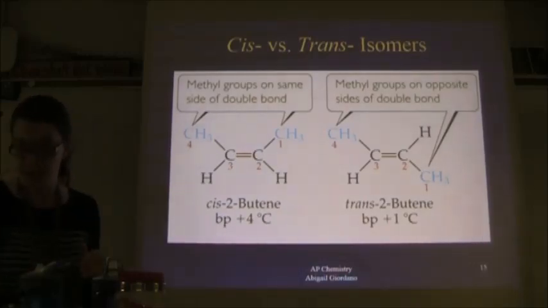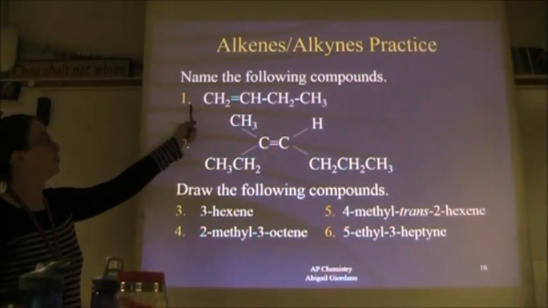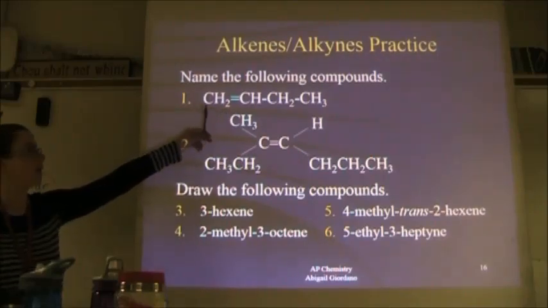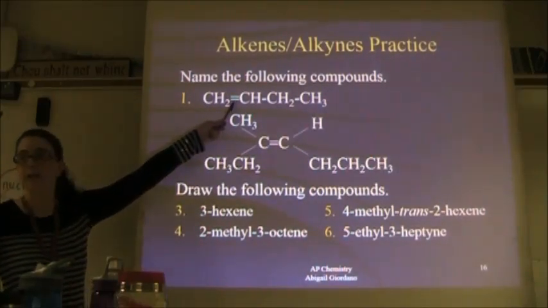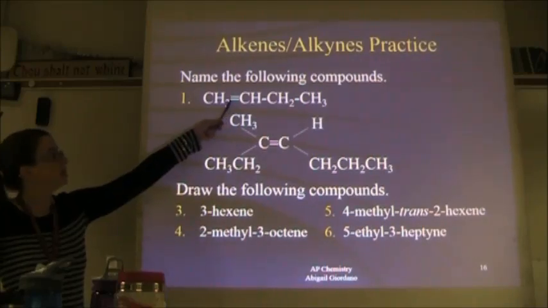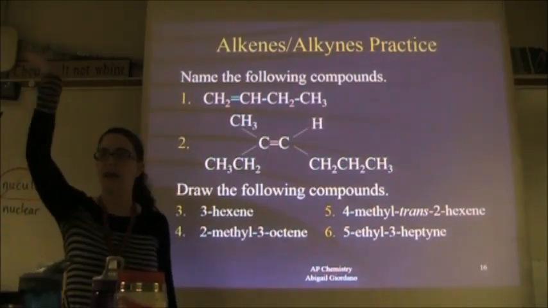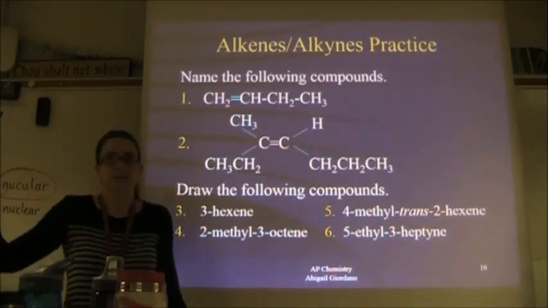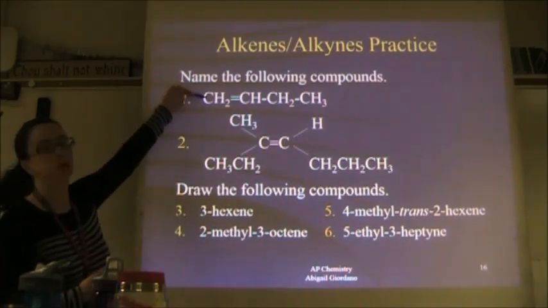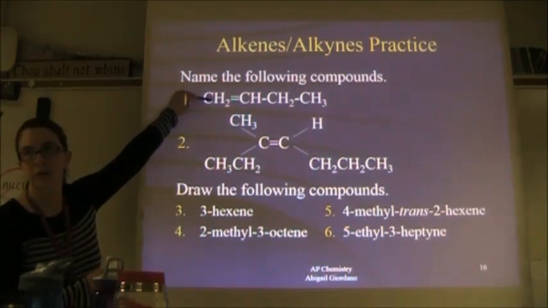For example, look at number 1 here. I'm going to ask you to name this guy in a second. It's an alkene, right? It's got a double bond. Do you see this drawn out in that X shape? Number 1? No. You don't need to include cis and trans in this one.